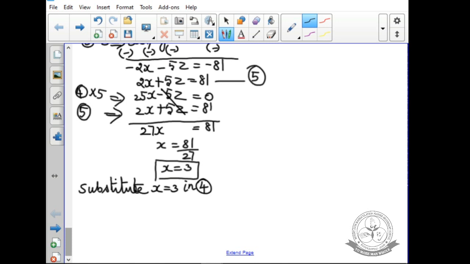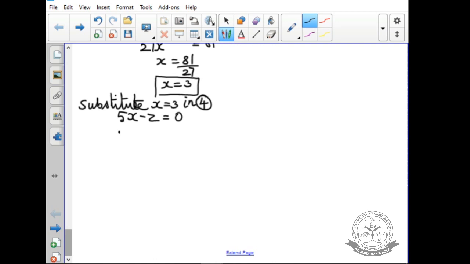The fourth equation is 5x minus z is equal to 0. Now substitute the value for x. So 5 into 3 minus z equal to 0. 15 minus z equal to 0. Minus z equal to minus 15. Z equal to 15.